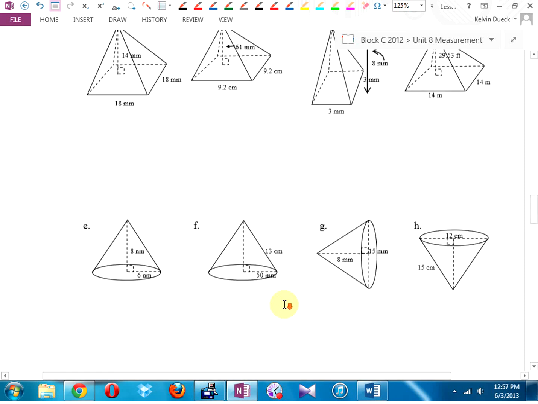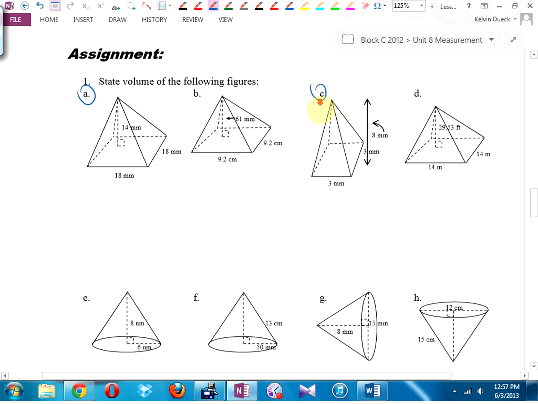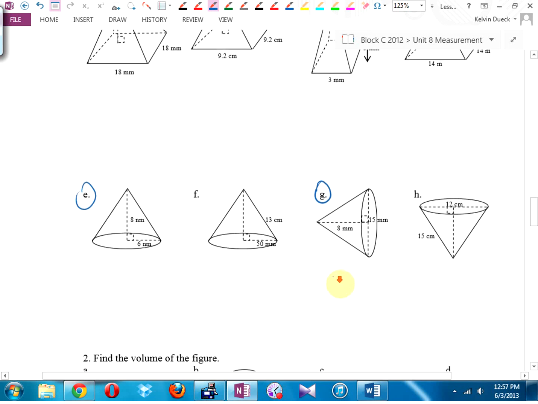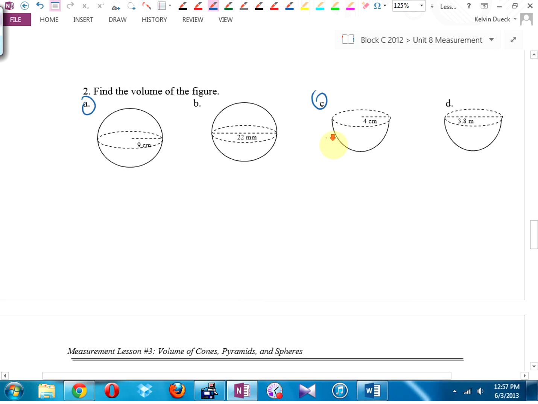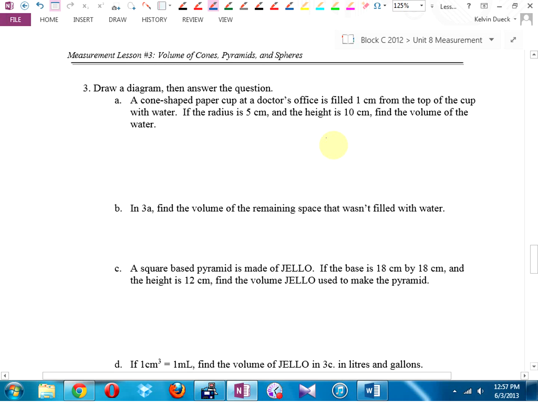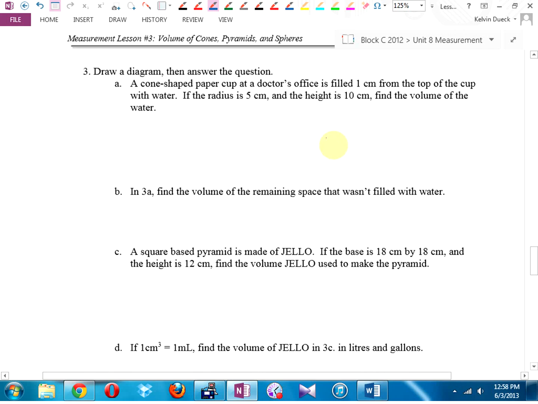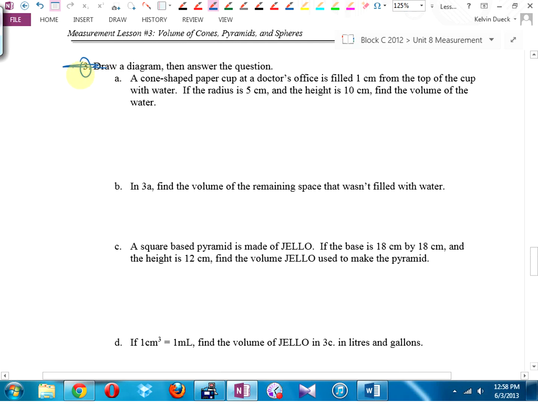So I think you number 1, A, C, E, G. 2, A, C. I think you can try 3 all. You know what? Actually, I'm going to nuke that. Change my mind.